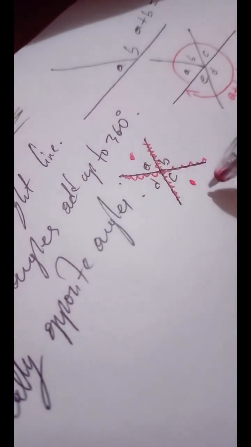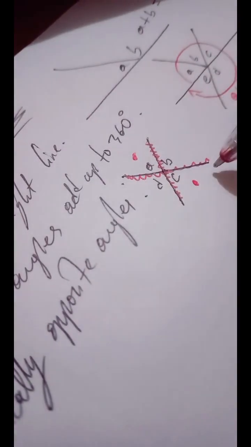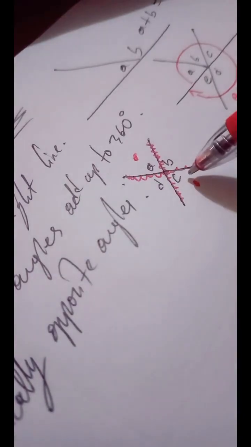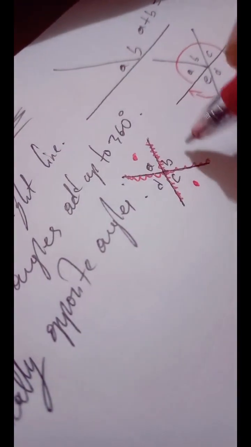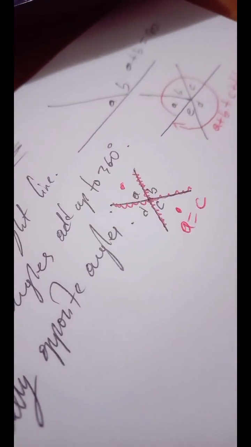They are facing each other, created by the same two lines. So A is equal to C.